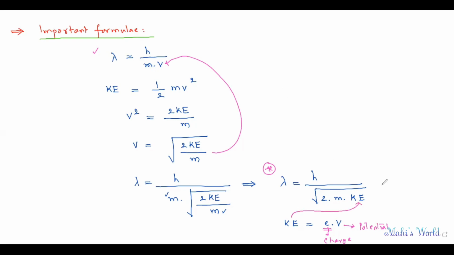Then I'll be getting lambda is equal to h by root 2 m into E into V. Okay, this is a very important relation again. We can calculate wavelength when potential is given.